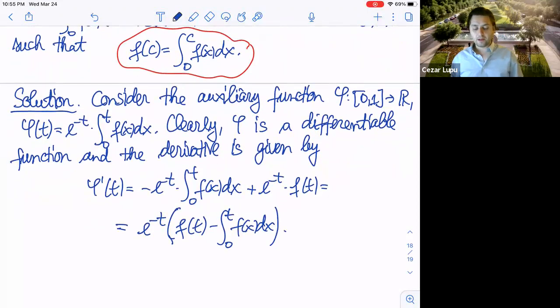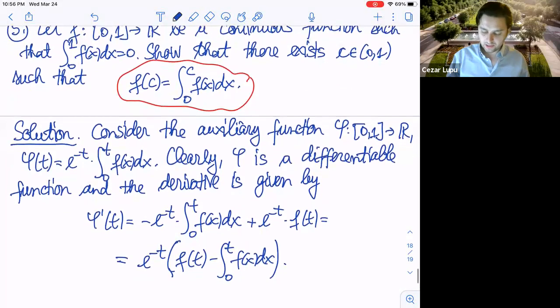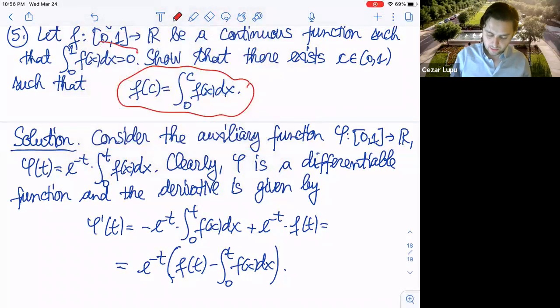All right, and now let's look at this function. Well, we have this condition here that we did not explore yet, and we would like to see how that condition translates in terms of our new function phi. Well, let's look at the endpoints.